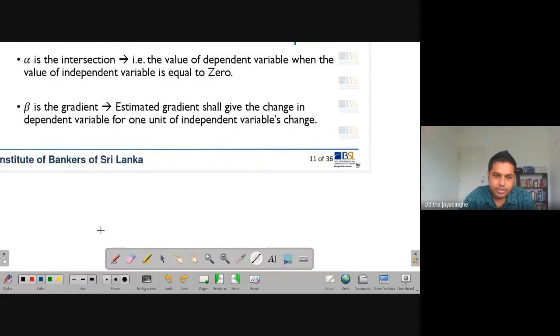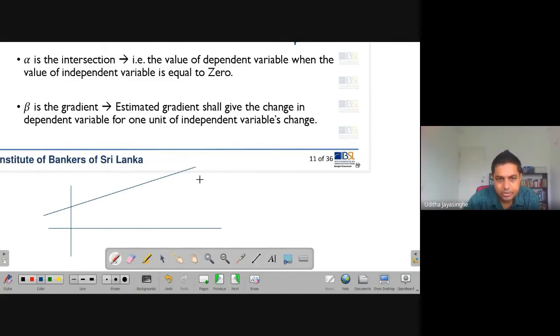If you take a simple linear explanation like this, then let's say you brought up a line like this. This is going to be y is equal to alpha plus beta x. What is the value of this alpha? This is alpha. This is the y-axis, this is the x-axis, and this is the 0th point.